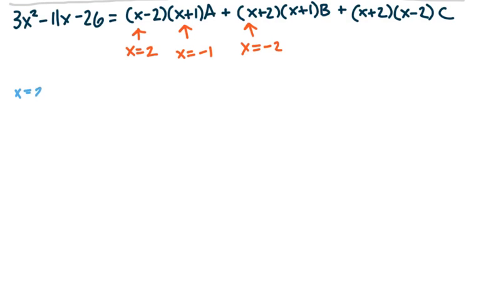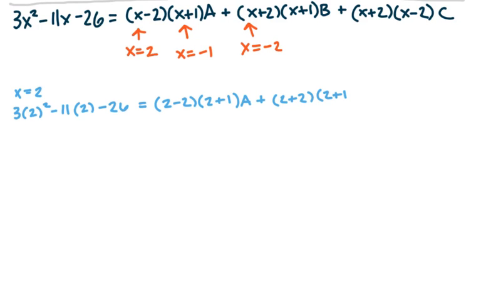So if I use x equals 2, then I have 3 times 2 squared minus 11 times 2 minus 26 equals (2 minus 2)(2 plus 1)A, plus (2 plus 2)(2 plus 1)B, plus (2 plus 2)(2 minus 2)C.